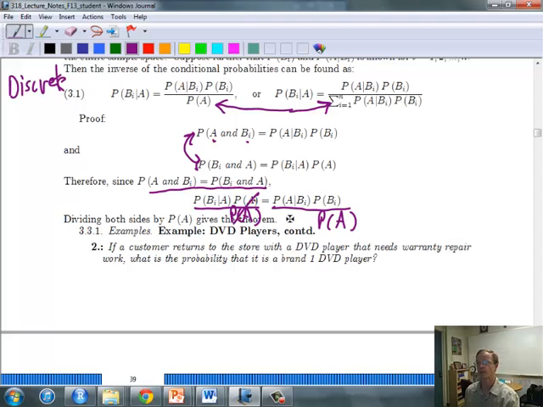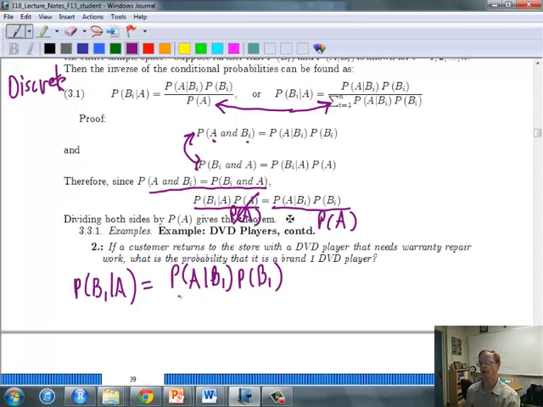Just plugging in directly into the theorem, we can say probability of B1 given A is going to be probability of A given B1 times probability of B1 all over probability of A. Now, we painstakingly found this part, okay, using the law of total probability.